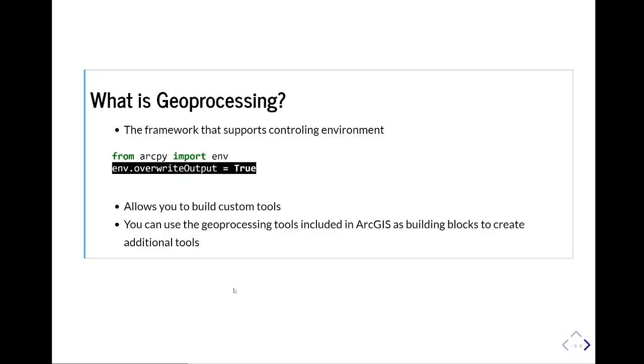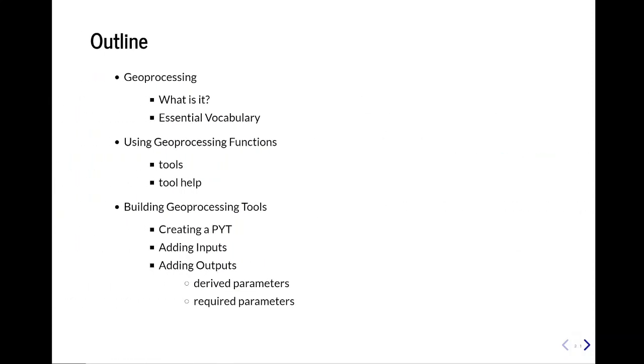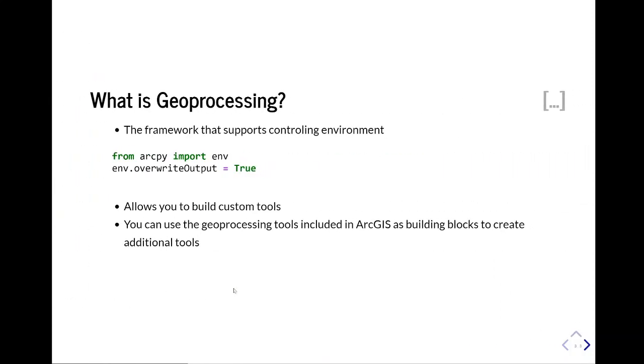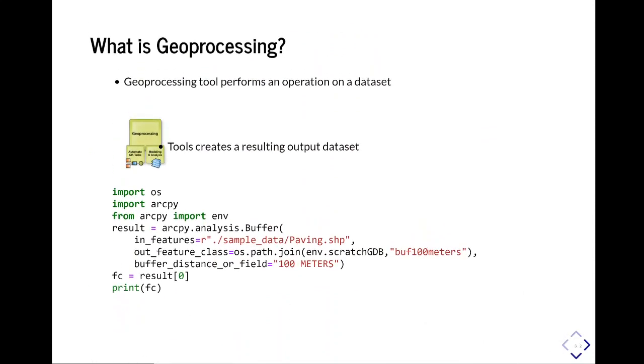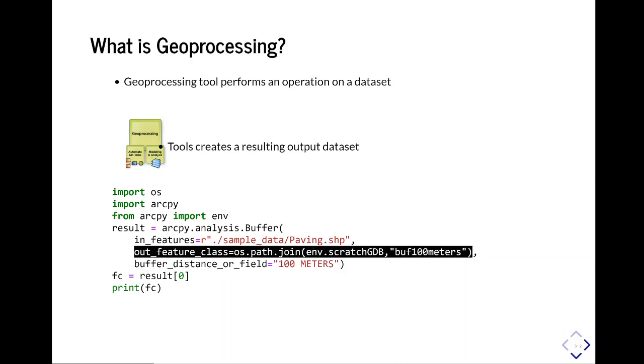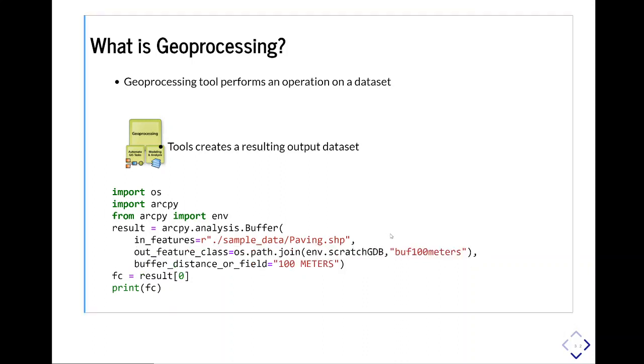So if you look back at our previous slide, what we see here is that we have our output feature class, and we're writing it to our Scratch geodatabase with the same name. If buff 100 meters already existed within that workspace, it would throw an error, which is something we don't want.